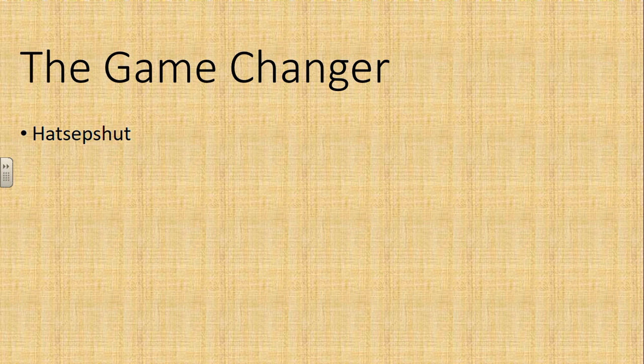It was her stepson, and the stepson was named Thutmose III. Well, Thutmose II died, and his son was not quite old enough yet to be in charge of Egypt. So Hatshepsut, Queen Hat, I'm going to call her, became what's called a regent.